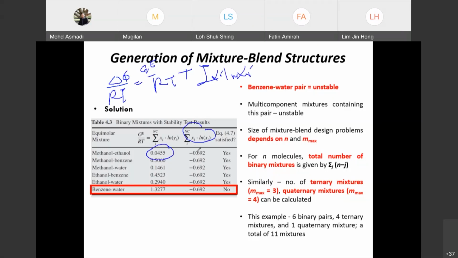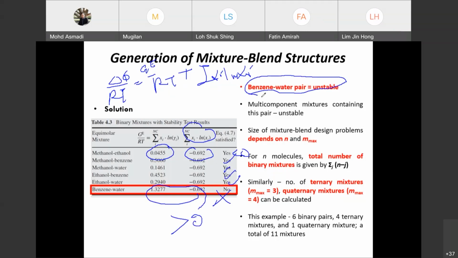If you add these together, this one is below 0, this one also below 0, this one below 0, below 0. However, for this one, if you add it, it's more than 0. So that means benzene and water is not stable.